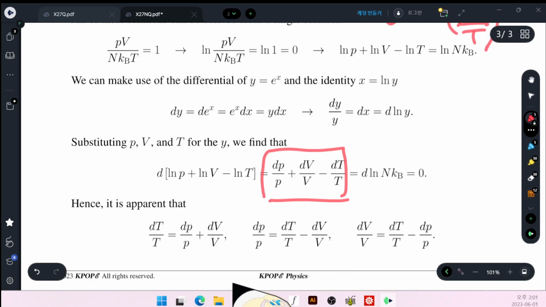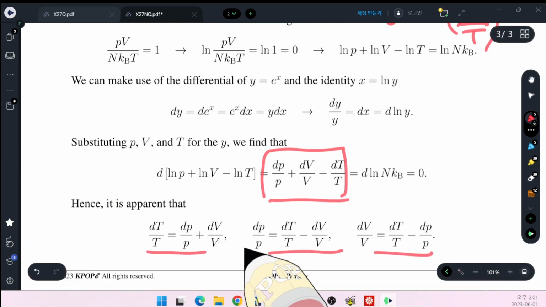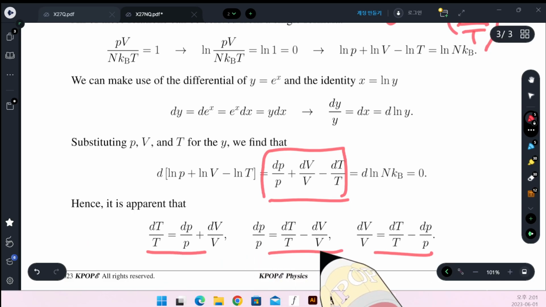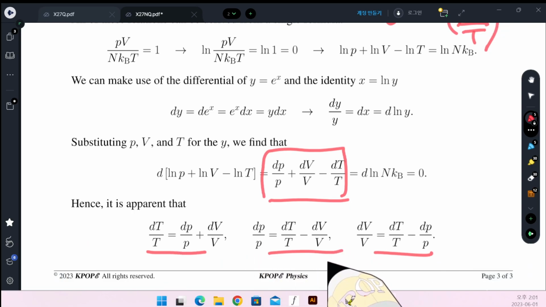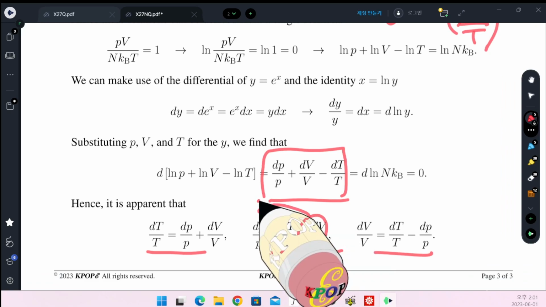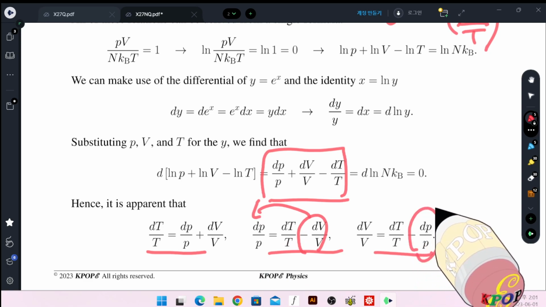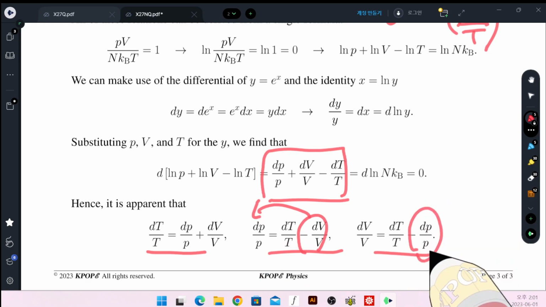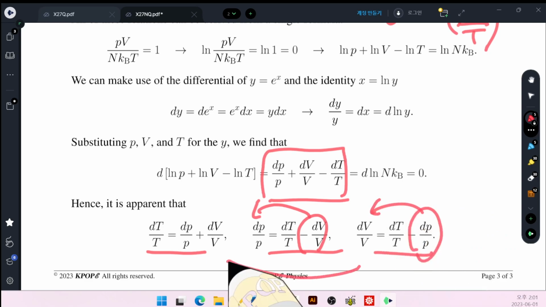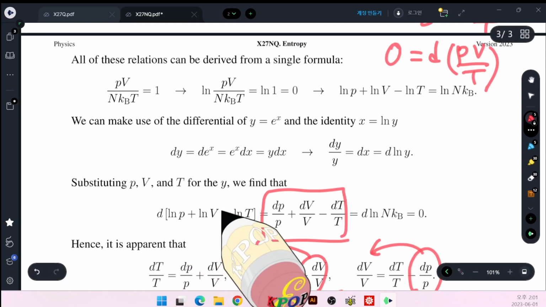Eventually, these three expressions are all equivalent. If I move this one to the left, they are equal. And again, if I move this one, here it becomes this. So everything will be the same.